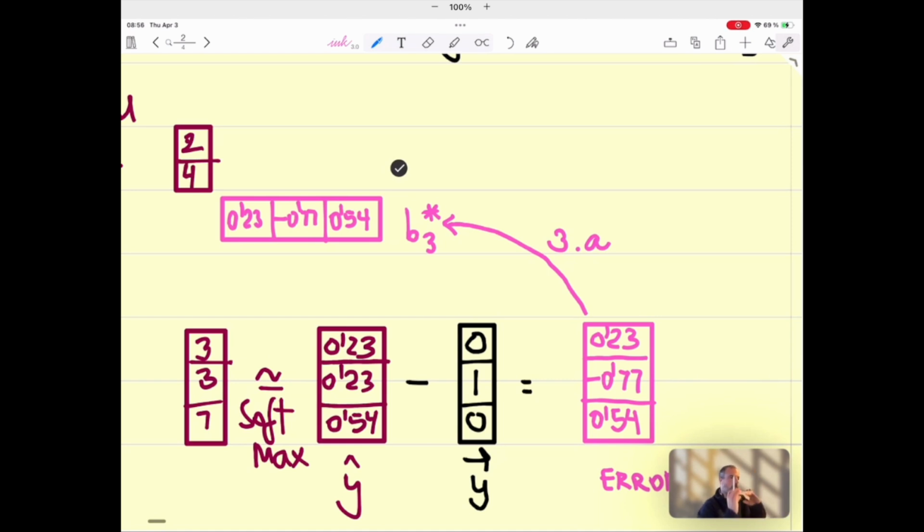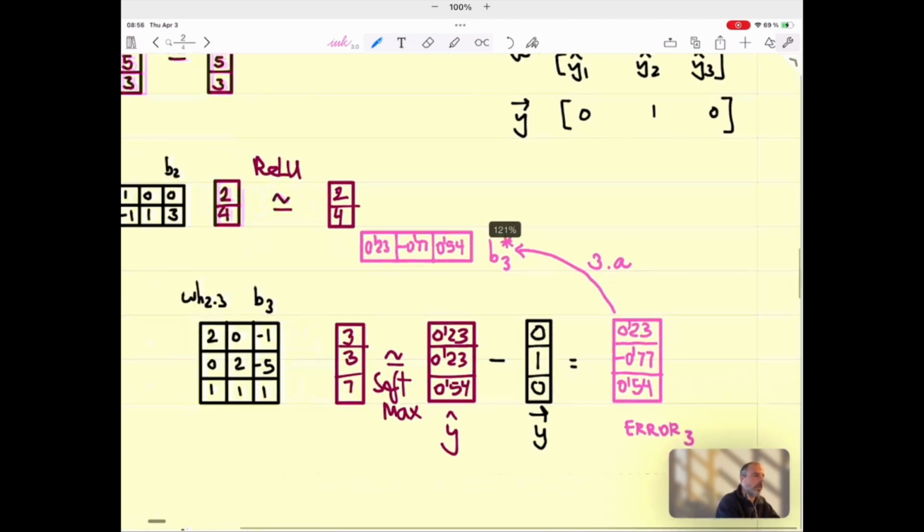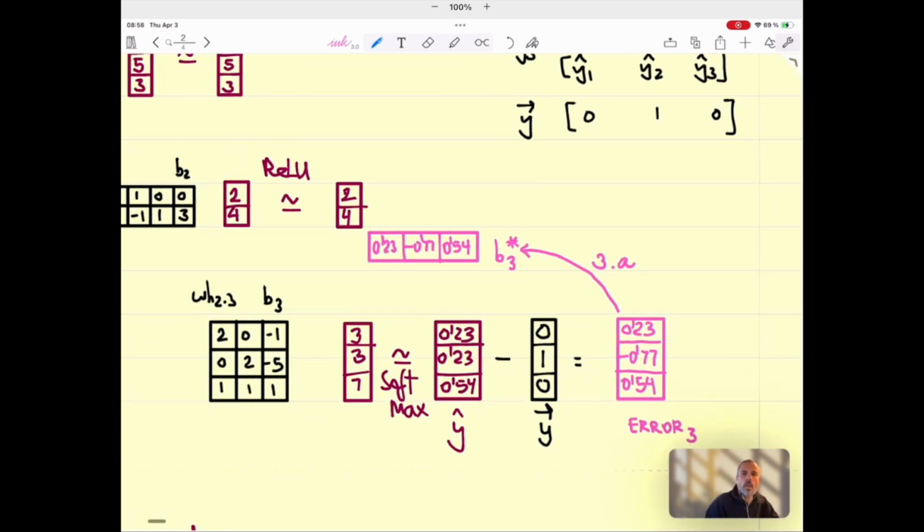Just rotate it. It's called transposed in math. All right? Is this step understandable? Everybody's saying yes. All right, then we go on to the next step.